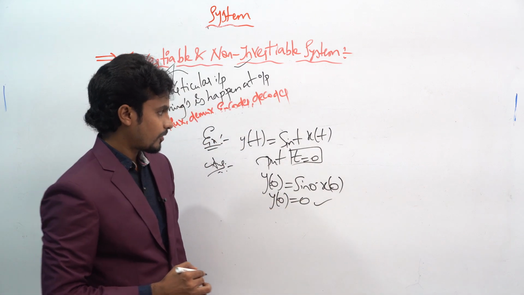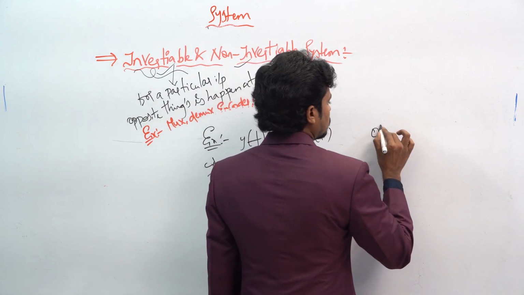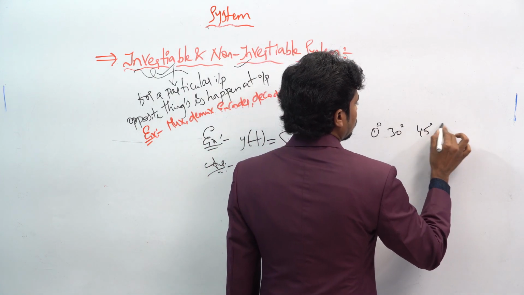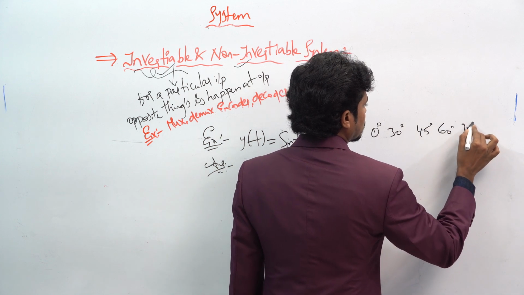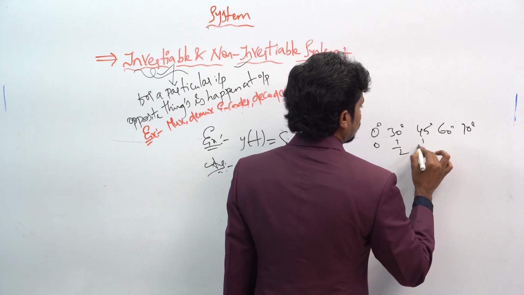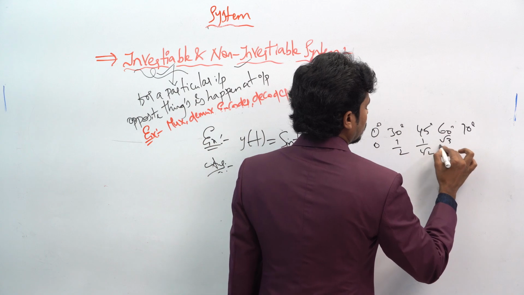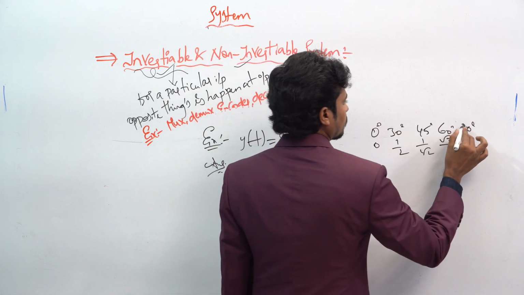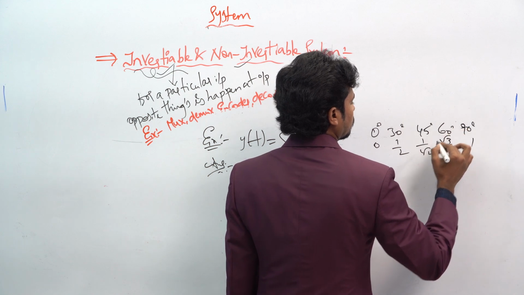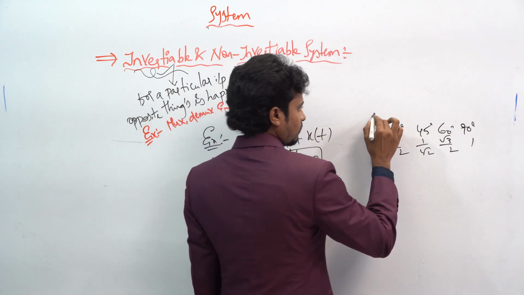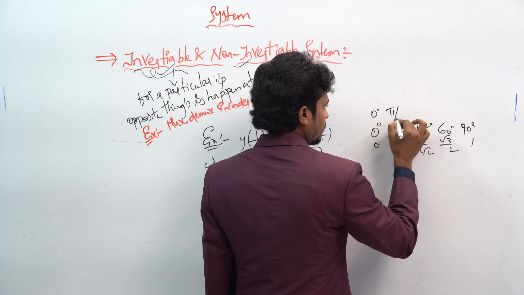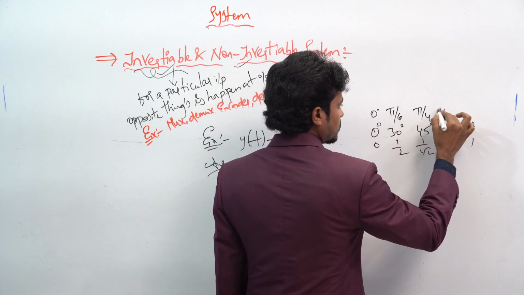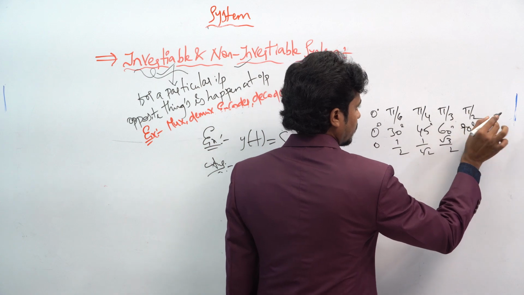For 0, 30, 45, 60 and 90 degrees, the sine values are 0, 1 by 2, 1 by root 2, root 3 by 2, and 1. In radians, these are 0, pi by 6, pi by 4, pi by 3 and pi by 2.